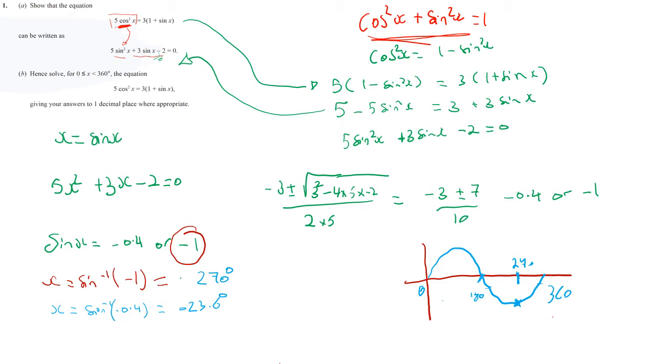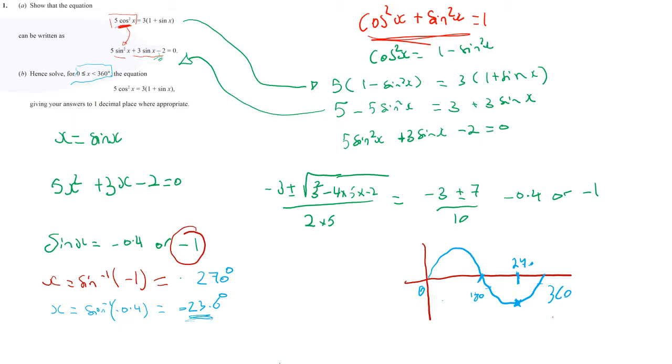Okay, but the calculator gives you the smallest possible number. But here, if you realize, it says I want values of x between 0 and 360. Clearly, this is not between 0 and 360.